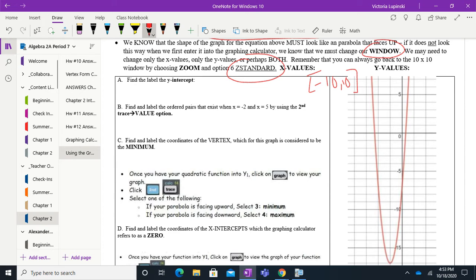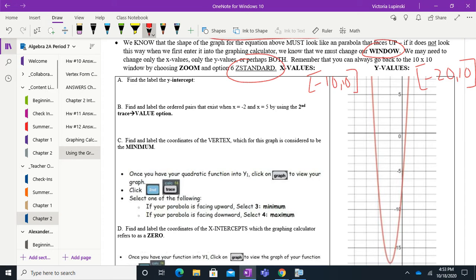And I'm going to use brackets because I was including both those numbers. Then for the Y values, we changed the lowest Y value to -20, and we left the maximum value at 10. So it's just kind of good to have a plan at the beginning, think about how big or how small you need those values to be. So -10 to 10 for the X's, and then -20 to 10 for the Y's.